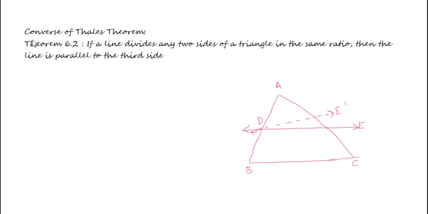Converse of Thales theorem. This theorem states that if a line divides any two sides of a triangle in the same ratio, then the line is parallel to the third side.